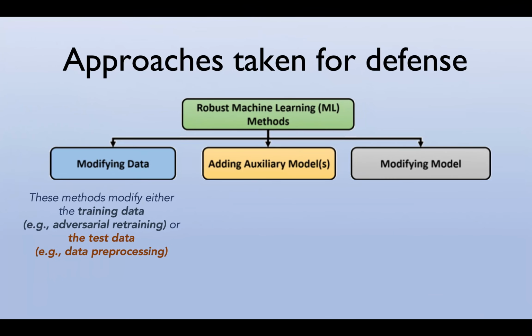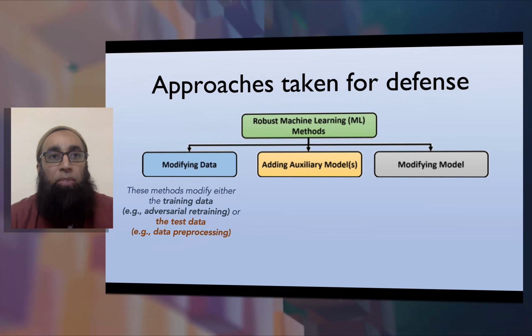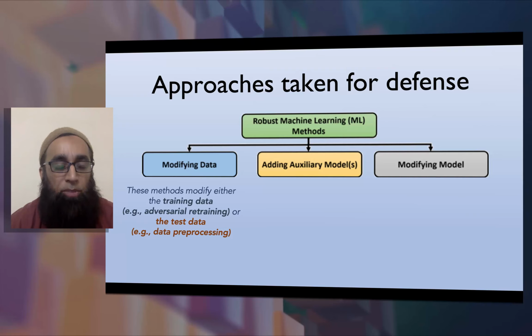These techniques either modify the training data, for example, by adding more adversarial examples in the training data so that the model has seen some of these adversarial examples and has sort of become vaccinated or immune to those. The other approaches that modify data would be those that modify the test data. For example, if you are given a test example, you pre-process that in some way.